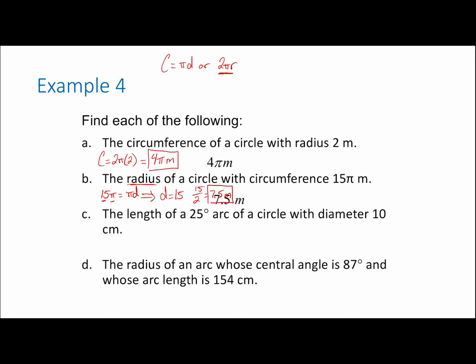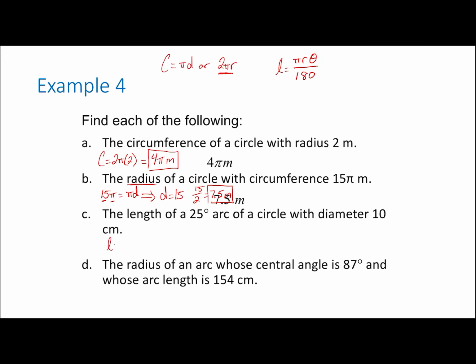Now, parts C and D deal with arc length. And so again, our arc length formula is pi r theta over 180. The first one says to find the length of a 25-degree arc of a circle with a diameter of 10 centimeters.